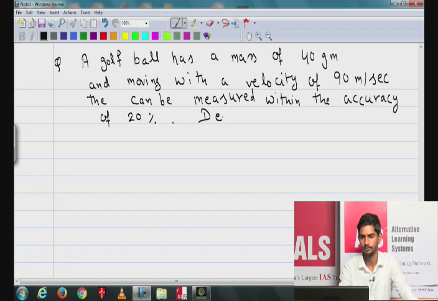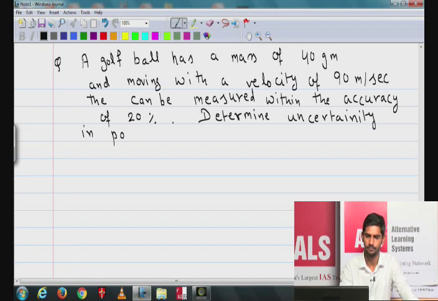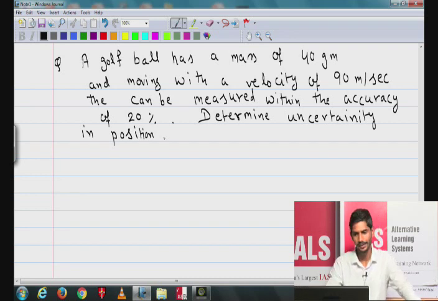Determine the uncertainty in position. Guys, I'm giving you 5 minutes to attempt this question, and after that I'll discuss with you.